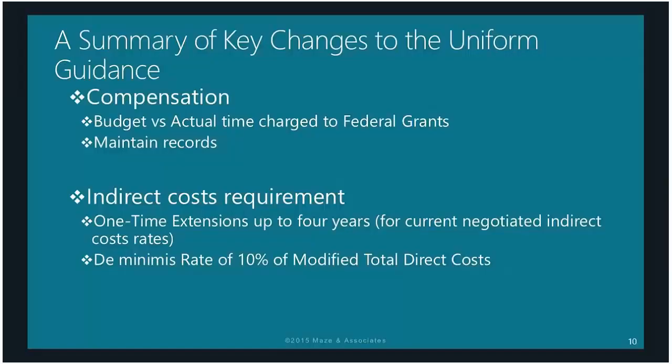So a summary of the key changes to the uniform guidance. I'll go over compensation and indirect costs requirements briefly here on slide 10. In regards to compensation, the changes and emphasis directed under the uniform guidance is that actual time should be charged to federal grants and not budget.